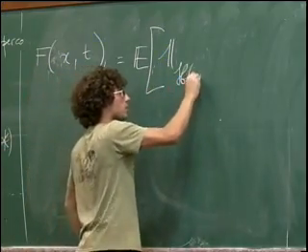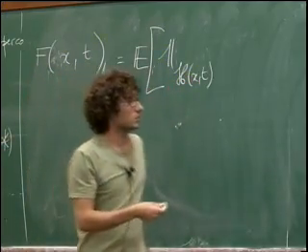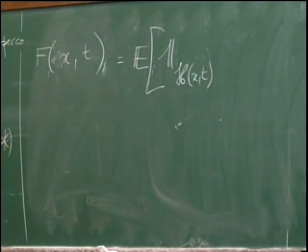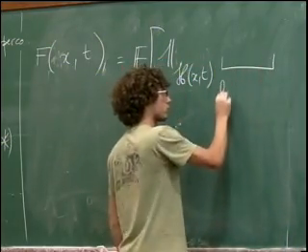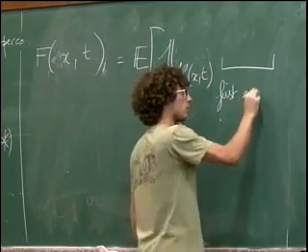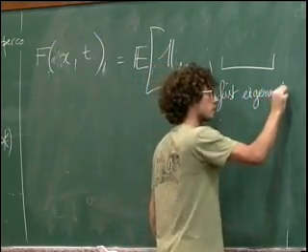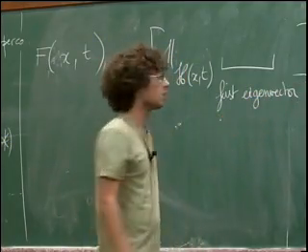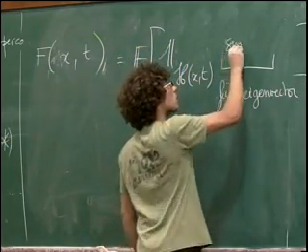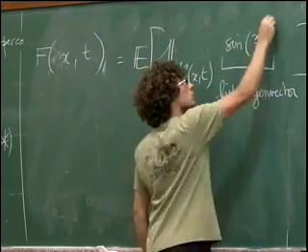I'm going to keep the event, but instead of looking just at this indicator, I'm going to add a new term here, which is the first eigenvector. And the first eigenvector in this problem is the sine of x over 2 to the 1/3.